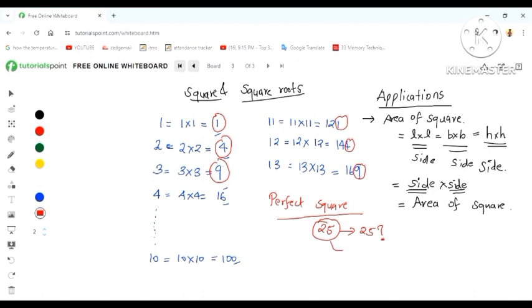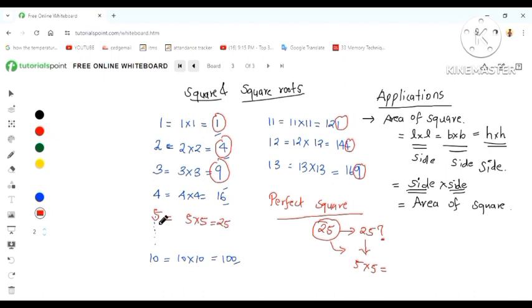How will you know? You can simply find whether it is the square of a natural number, whether I can write it as the product of a natural number with itself. Yes, I can write it as 5 into 5, so it is a squared number. The square of 5 is 5 into 5, which is 25.